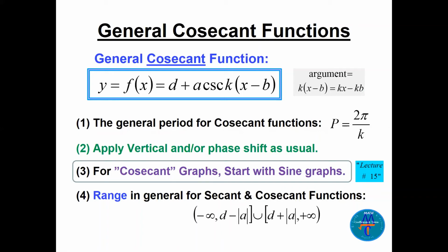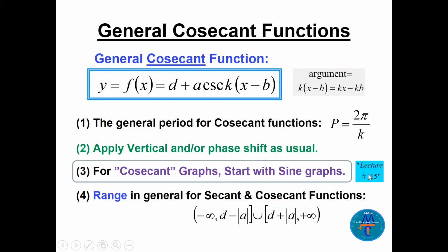The period for the cosecant, p, is equal to 2 pi over k. Just to remind you, the same formula, p equals 2 pi over k, you can use for cosecant, secant, sine, and cosine. But you cannot use it for tangent and cotangent.